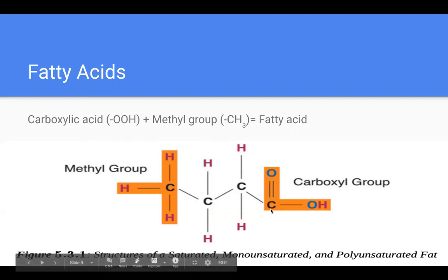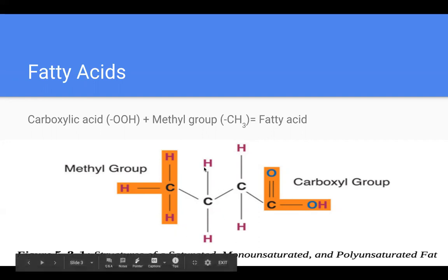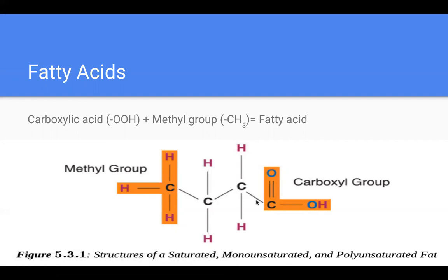Now, if this was a long chain of carbons, then that's going to indicate that it's going to be more solid in nature, or it's going to have a higher melting point because it takes more heat, more energy to turn that fat into a liquid. So again, this is going to be a liquid fat as opposed to a longer carbon chain, which will be more solid.